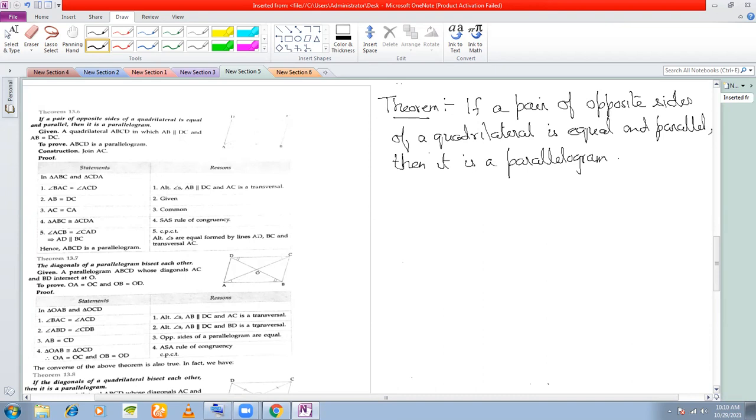Okay, so given to you here is any quadrilateral, something that looks like a parallelogram but not exactly a parallelogram. ABCD is a quadrilateral in which opposite sides are parallel and equal. Now see, in this quadrilateral, either you can take these two to be parallel and equal, or you can take these two, no problem.